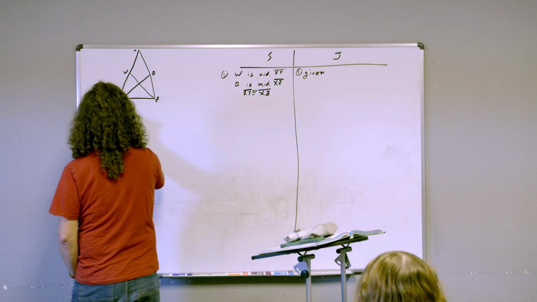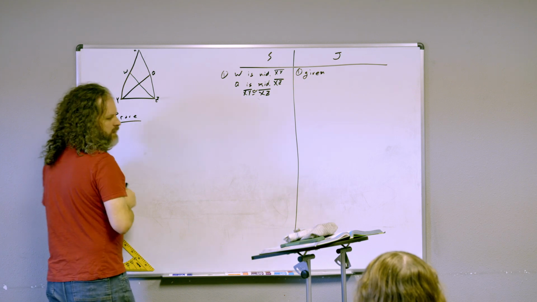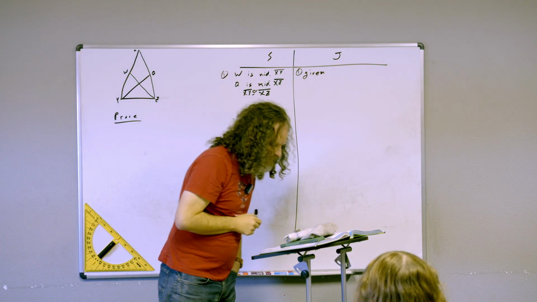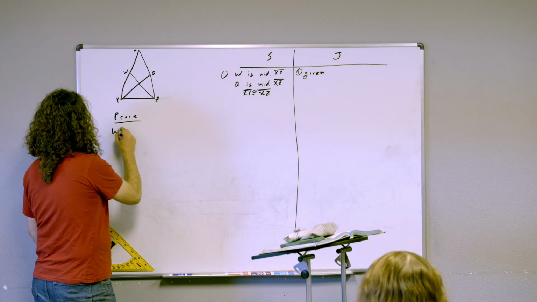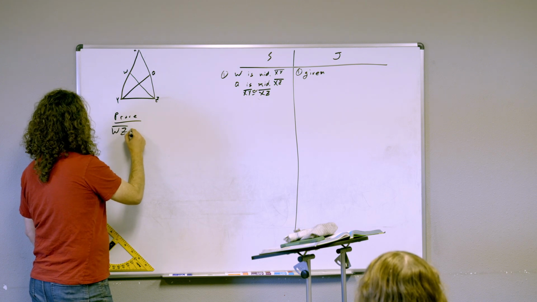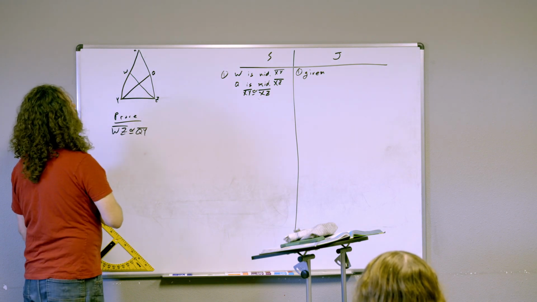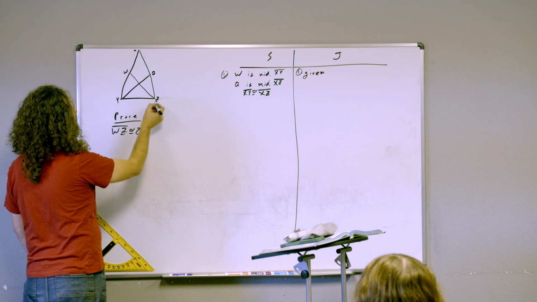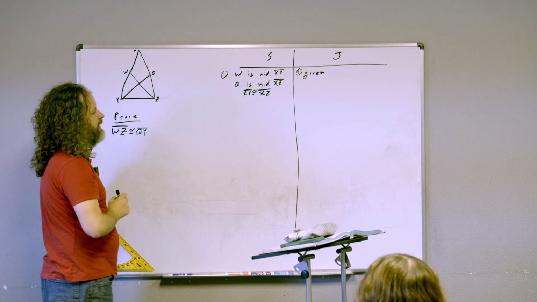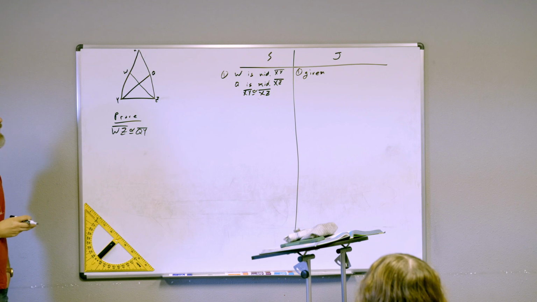And we're supposed to prove something. WZ is congruent to QY. W, so this guy. Okay. What now?